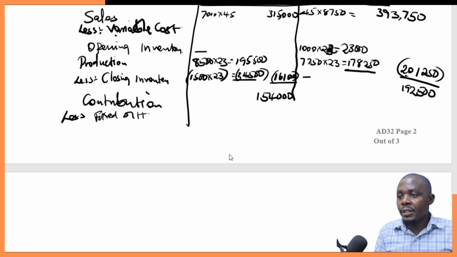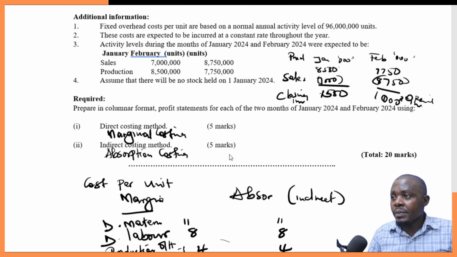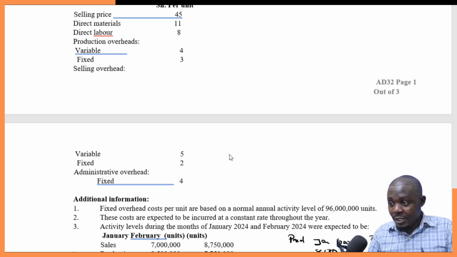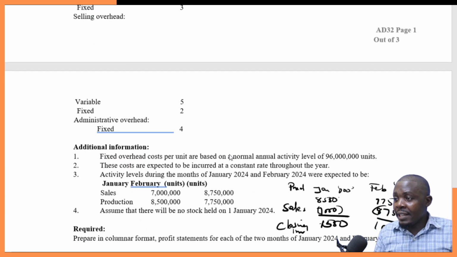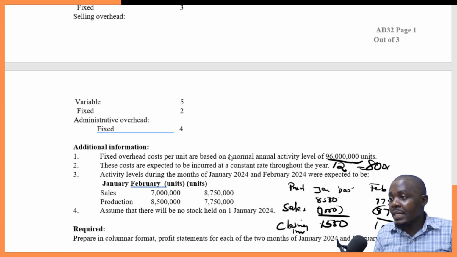Then we have to less the fixed overhead. Do we have any fixed overhead from the equation? Let's confirm. Yes, we were told that fixed overhead cost per unit are based on the normal annual activity level of 96,000. Remember we are only dealing with 2 months. Now 96 we are going to divide by 12 months, which we get around 8 million.